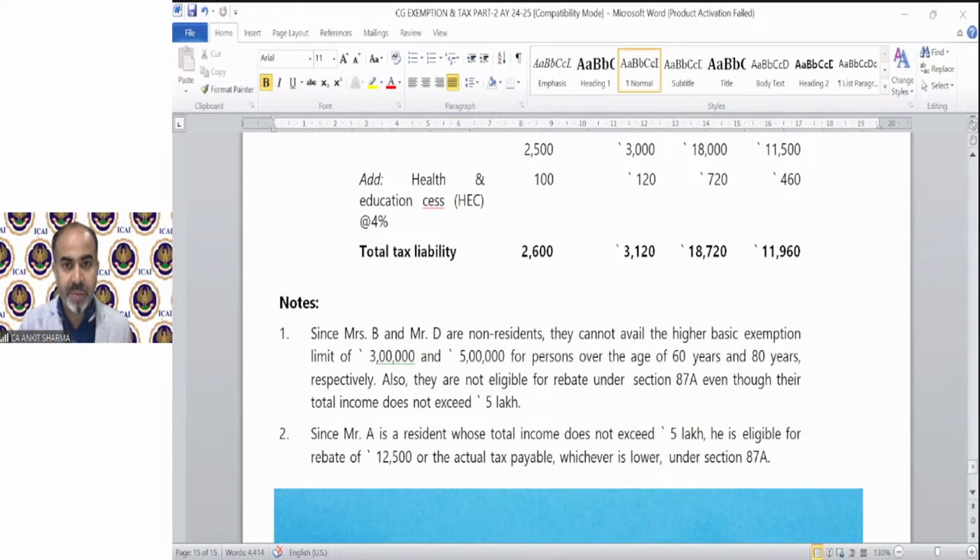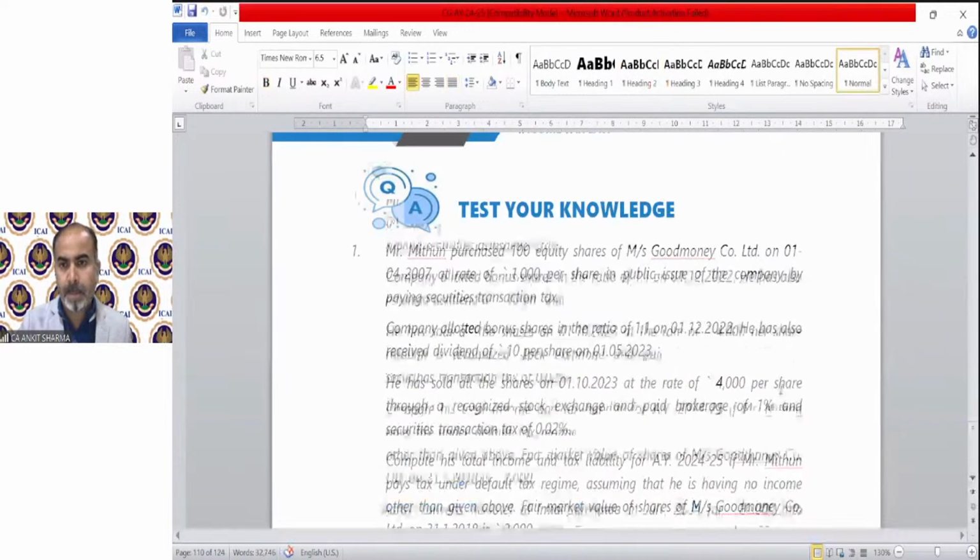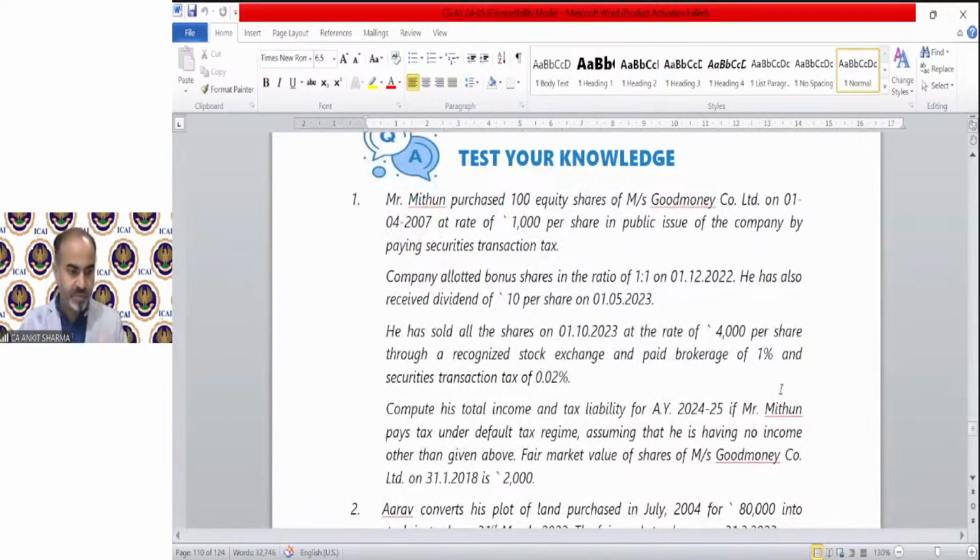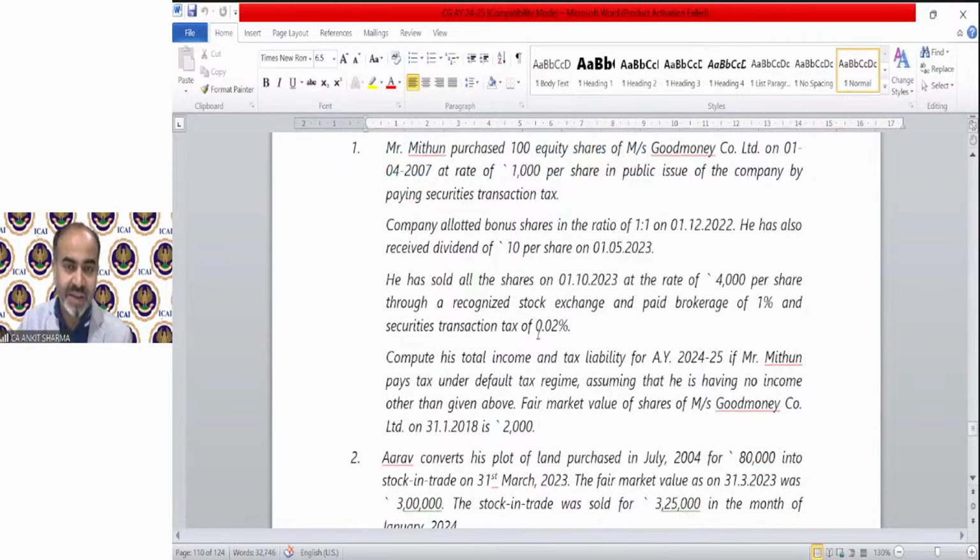I hope you all are ready. Mr. Mithun purchased 100 equity shares of Messrs Good Money Company Limited on 1st April 2007 at the rate of 1,000 per share in a public issue of the company by paying STT.